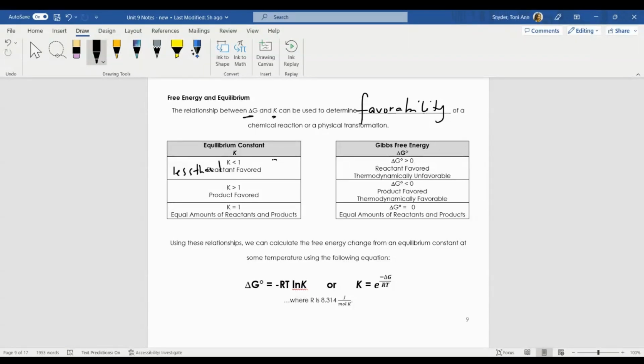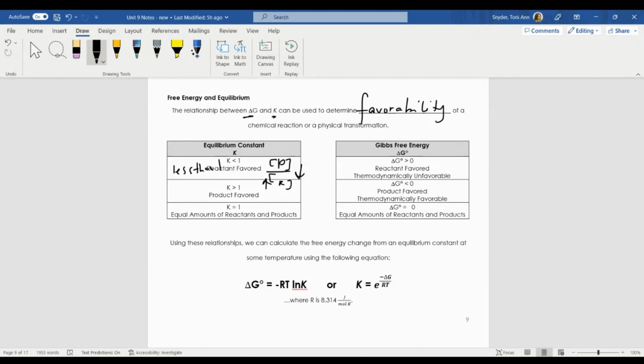Because if you remember, my ratio of products over reactants is going to be very low. If there's a higher concentration of reactants, my value for K is going to be low. If I have a value for K that is greater than 1, that means that that reaction has a higher concentration of products. It is a product-favored reaction.